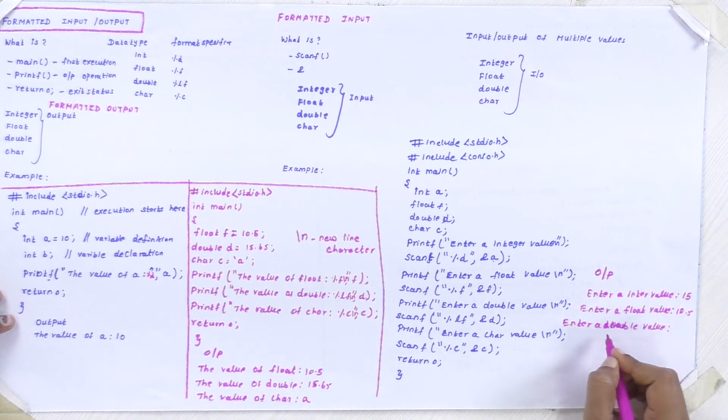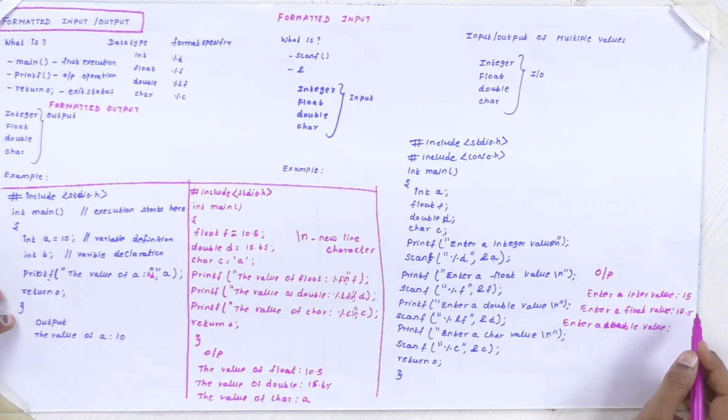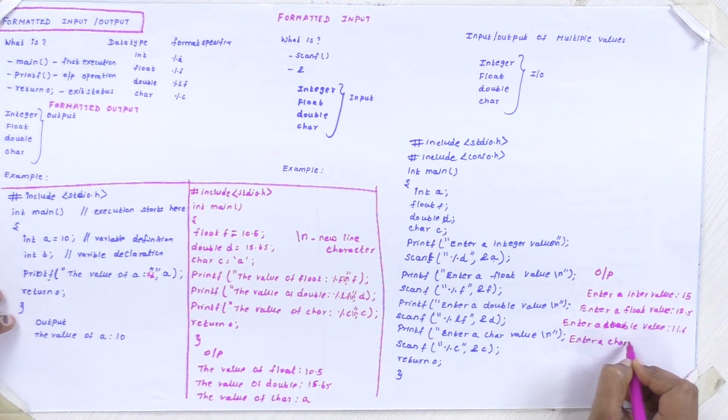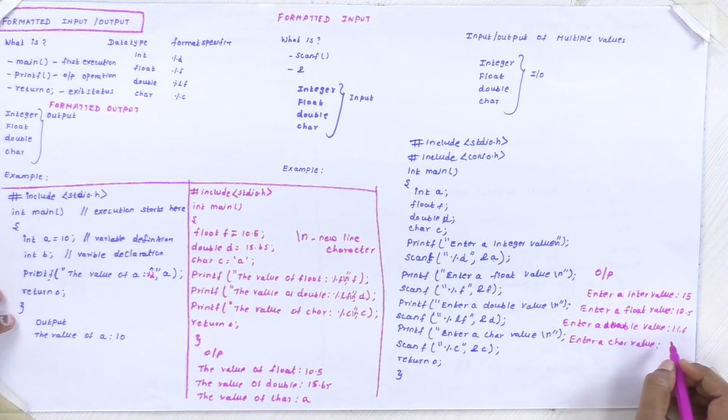Next it asks for a double value; I am giving 11.6. Next it asks for a character value. Character is 1 byte of data, so you should give a single character. I am giving D.